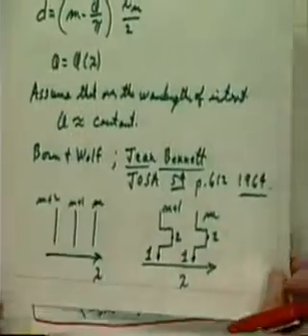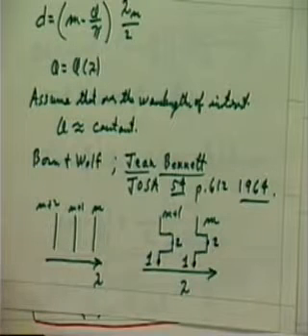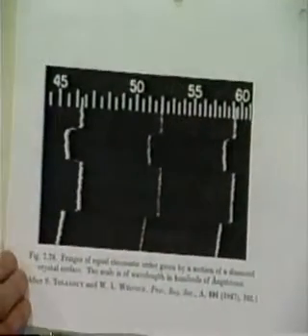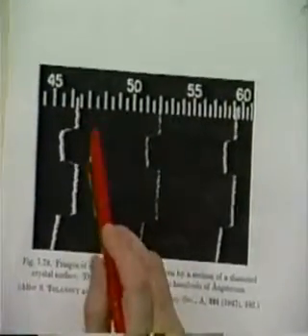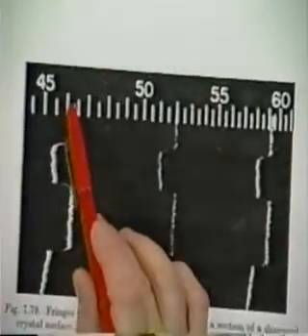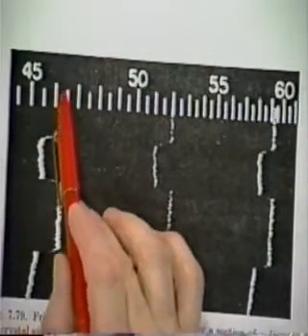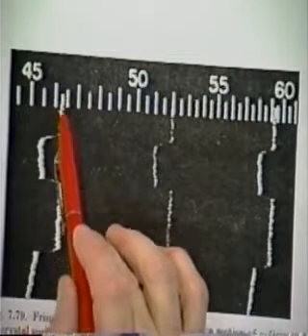In space, they look just like this. In fact, I'll show you a picture, a picture from Born and Wolf of some fringes. And the thing is, we have a slit portion of the sample.